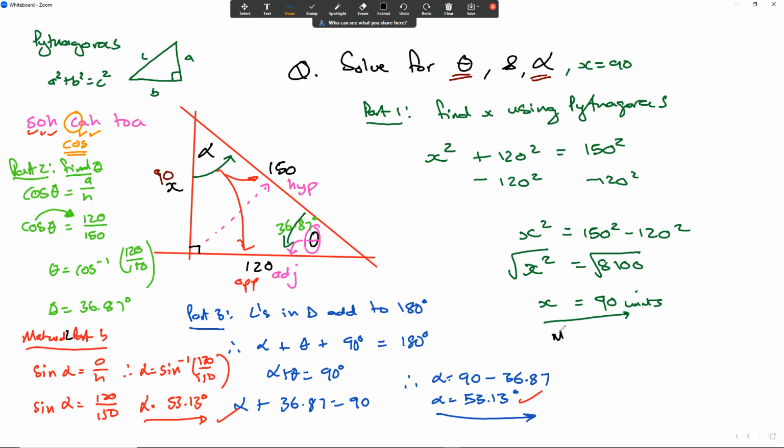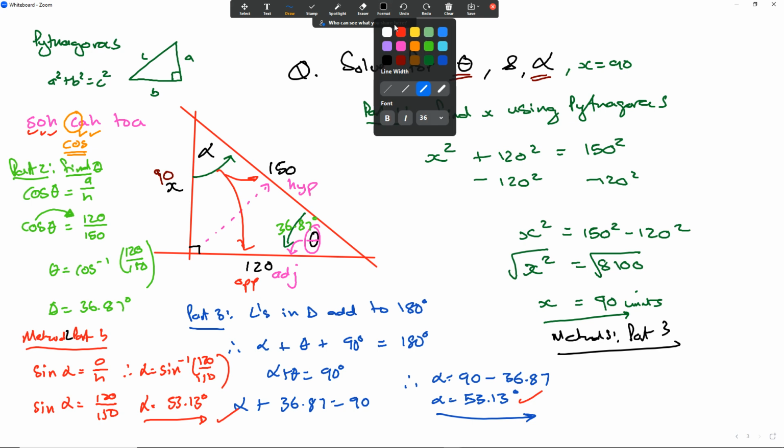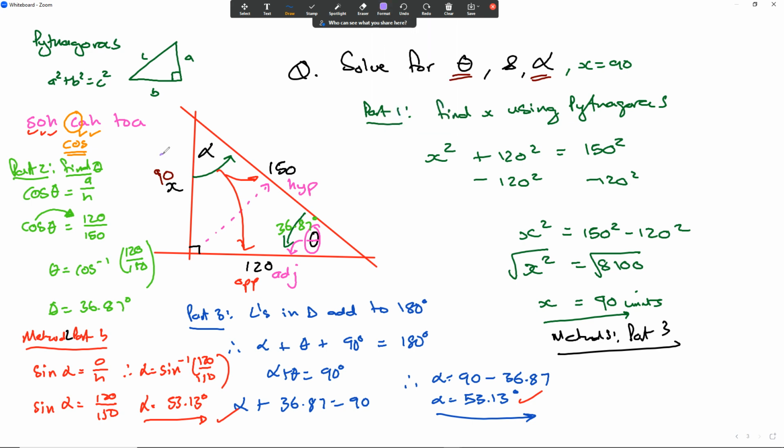This is method two. Method number three for part three would be, instead we come across and we use the following. We use adjacent. It's getting a bit messy now, but we've got adjacent and hypotenuse. Adjacent and hypotenuse is cos. So we could use cos of alpha is equal to adjacent over hypotenuse, using the side that we found, 90 units, substituted in there.